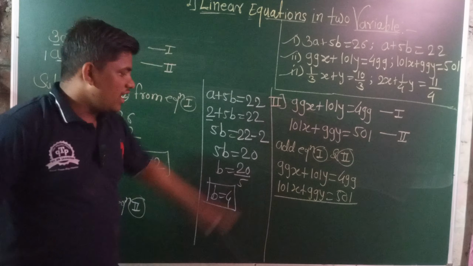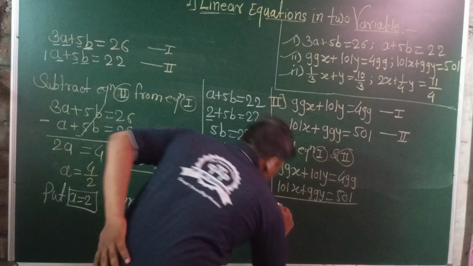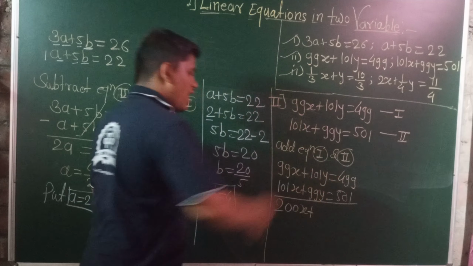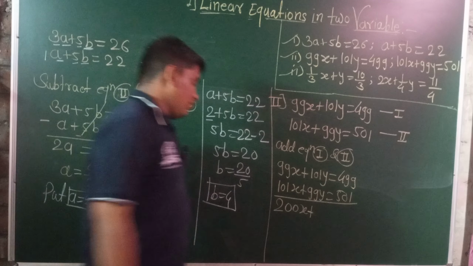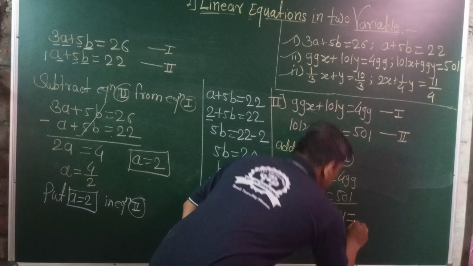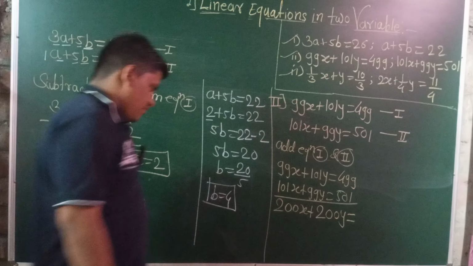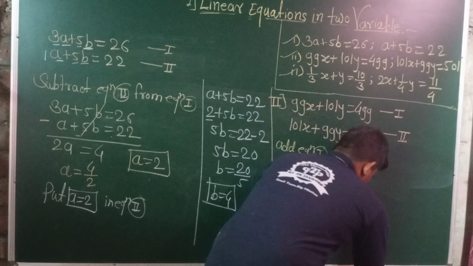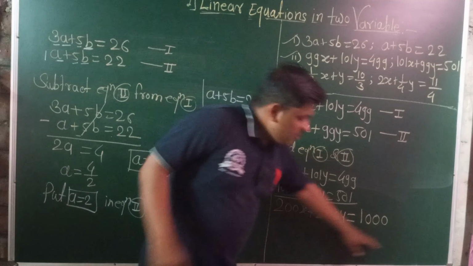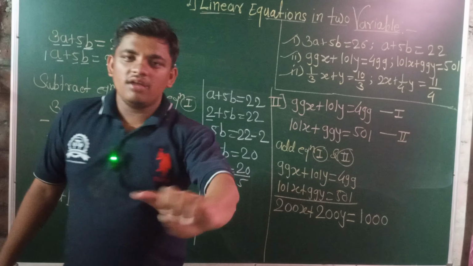Add these equations. 99 plus 101 is 200x, plus 101y plus 99y, that is also 200y, equal to 499 plus 501, that is equal to 1000.